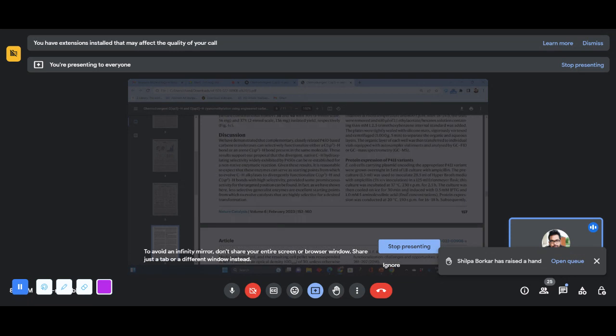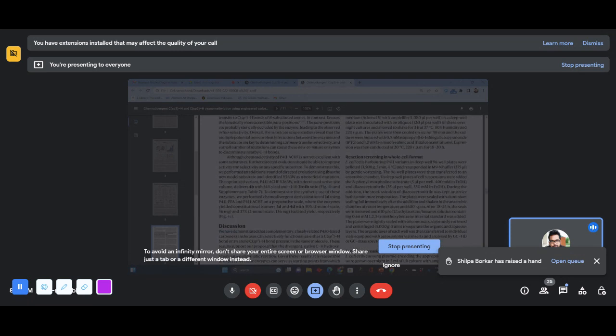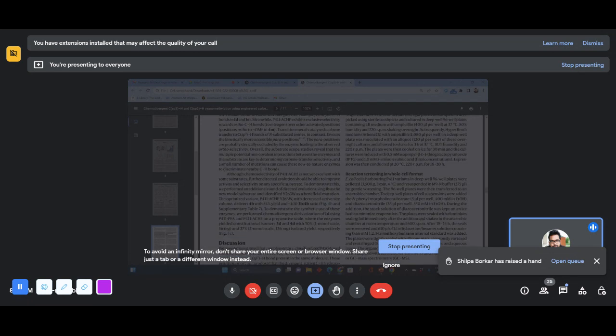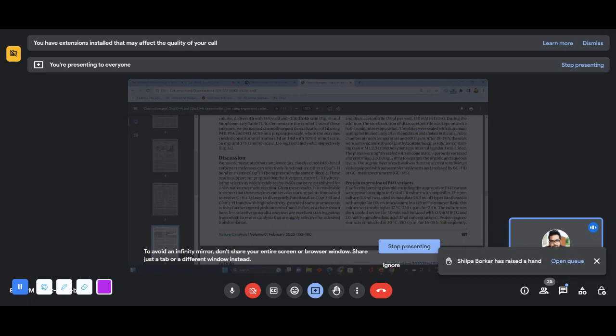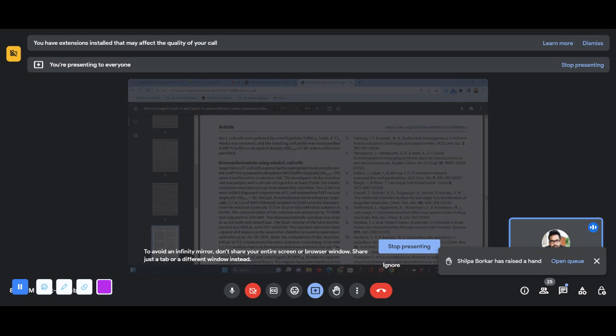Before the methods there's a discussion section. As I was saying, you have to describe whatever discussion is there. And then methods means the typical methods you have gone through. It can usually come in the supplementary information section, not necessarily, but this is the method for this particular journal.